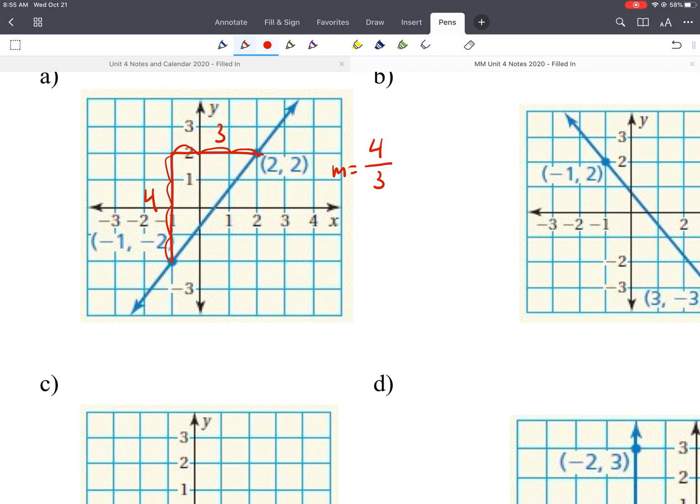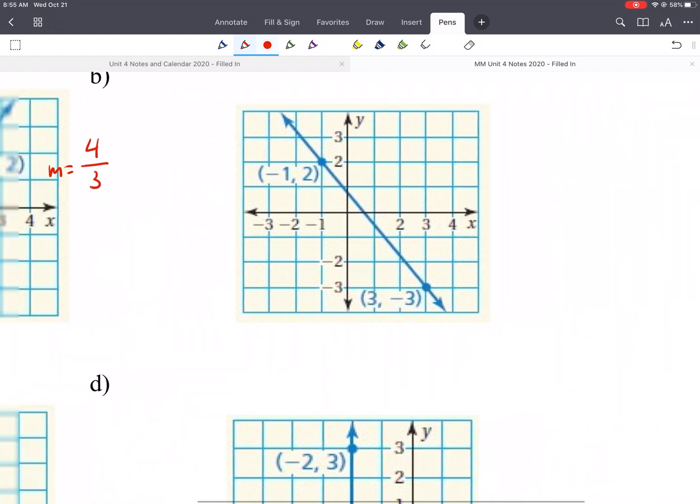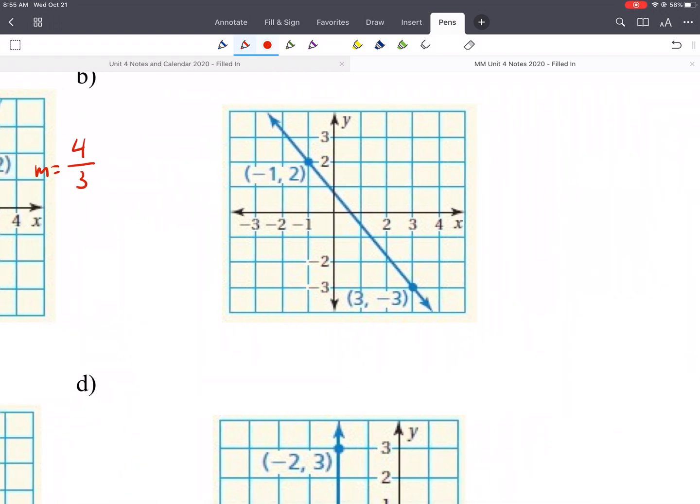Okay, and for your slopes, I'd like you to just leave it as a fraction. Okay, all right, so here's another example. Our rise is always our up or down, so our y's. Okay, so we'll go down. How many is that? 1, 2, 3, 4, 5. So we'll go down 5, and then we'll go over 1, 2, 3, 4. Okay, now since it's down, it's going to be negative.